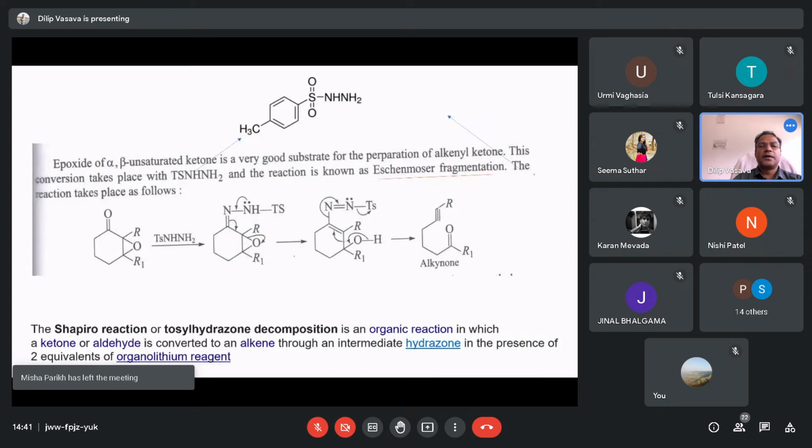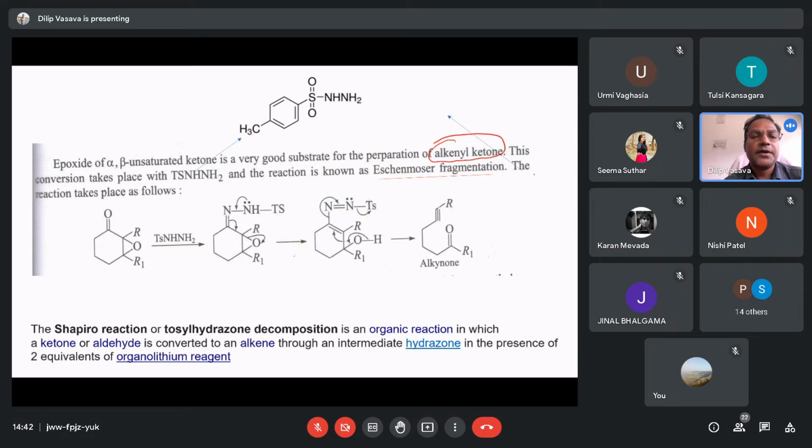This is another example where epoxidation of the alpha beta unsaturated ketone is a very good route for the preparation of the alkenyl ketone. For that, this reagent is required.